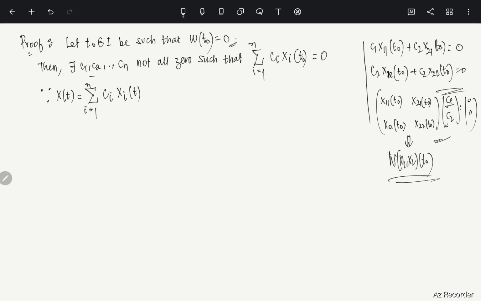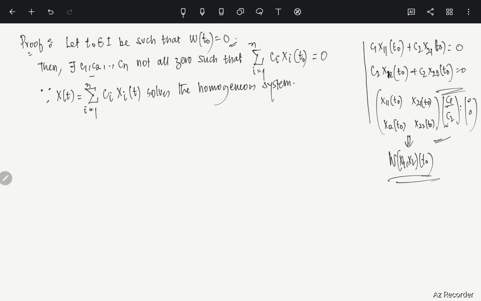Now this, by the superposition principle, solves the homogeneous system, because that is true for any C1, C2, Cn, and xi is a solution for all i.